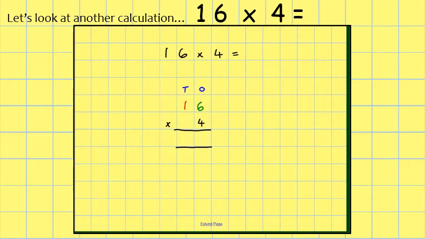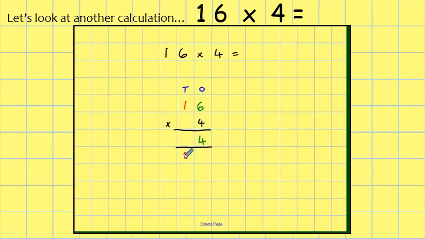Then if you double that answer, it's the same as multiplying 6 by 4. So 12 multiplied by 2 is 24. 6, 4 times is 24. So we put our 4 in the ones column and we carried the tens number into the tens column.